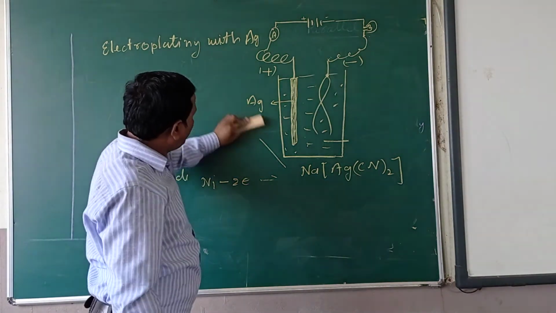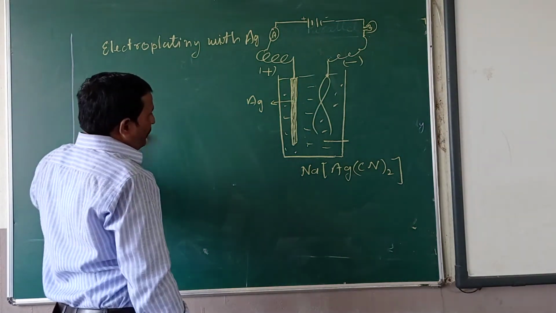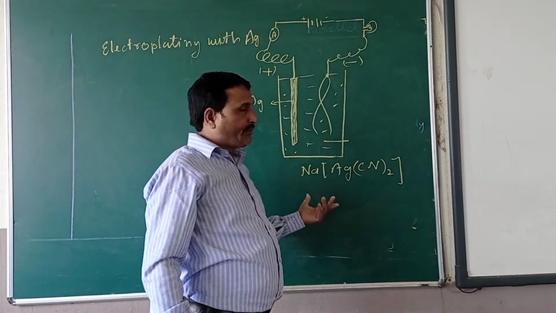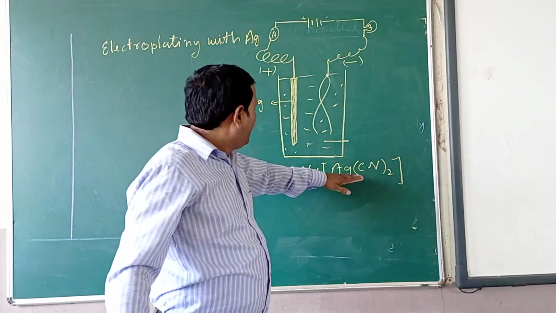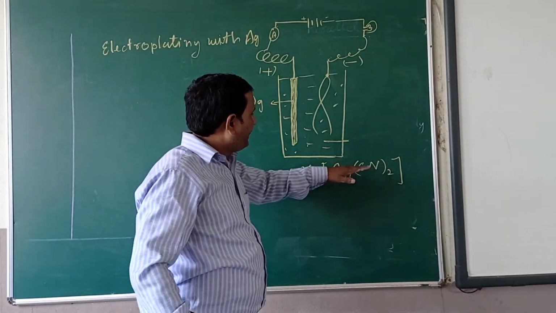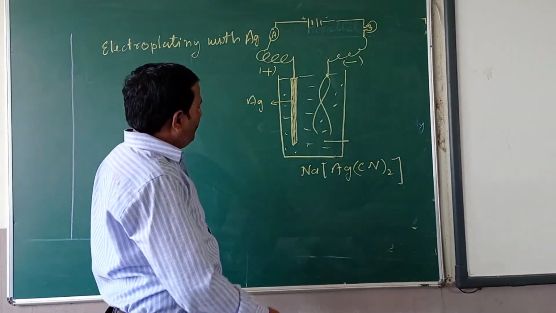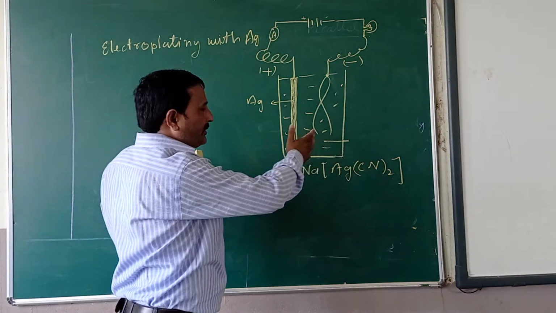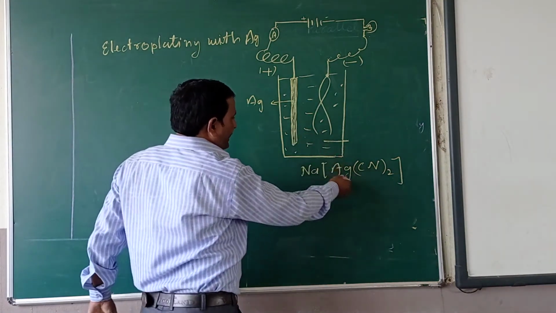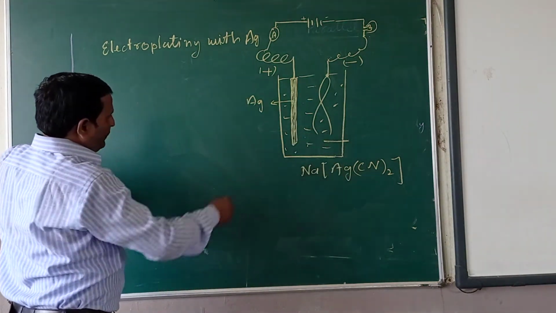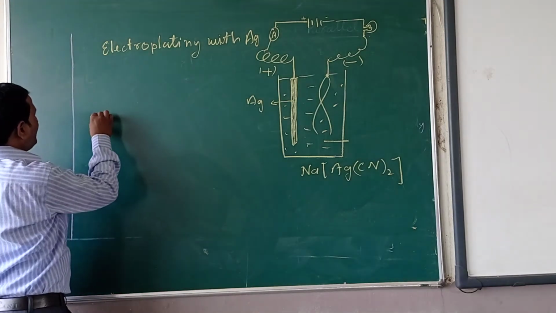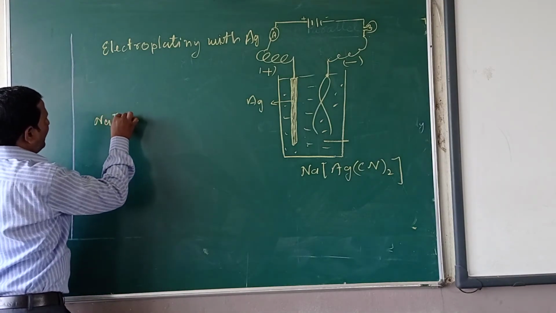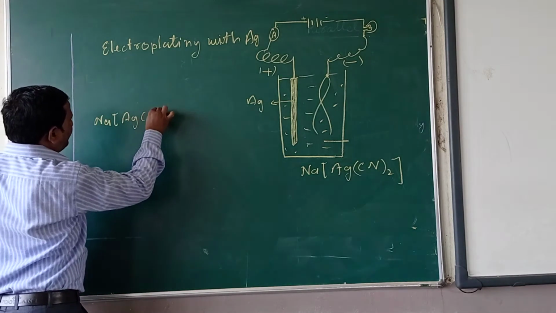Reaction will also be the same. We are not taking silver nitrate because sodium argentocyanide is a complex salt, which dissociates easily into ions and the percentage is maximum. So we are taking this one.